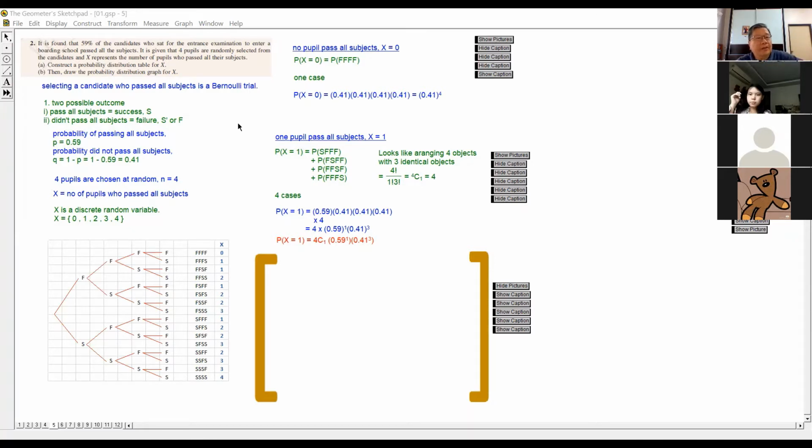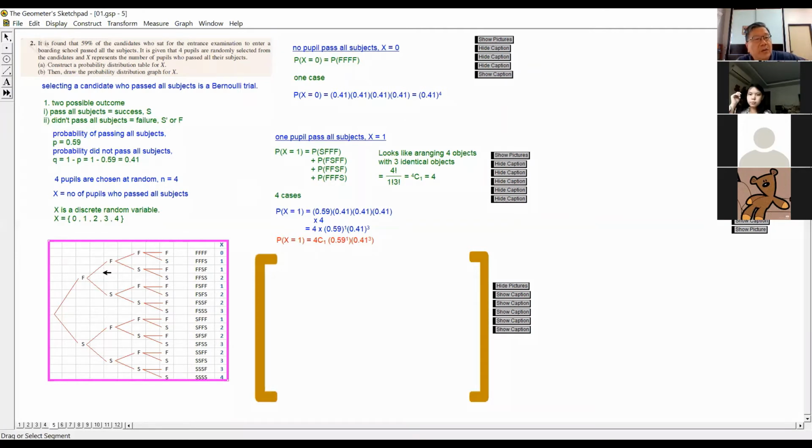So it is a matter of failure or success. Failure means didn't pass all the subjects, success means passed all the subjects. So it is a sequence of failures and successes, 4 of them altogether. That is the binomial distribution.